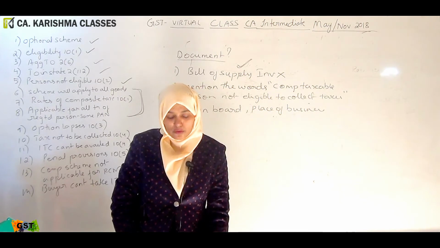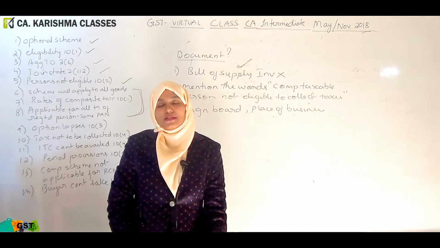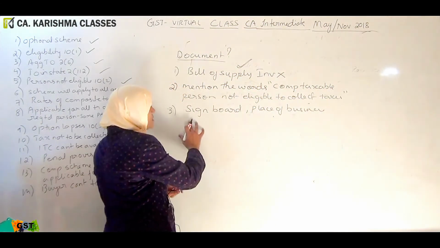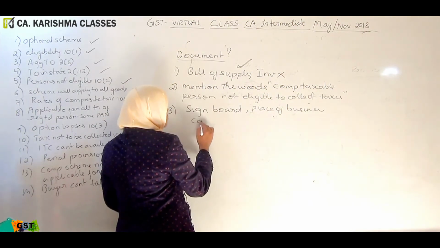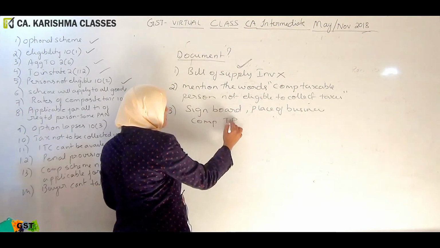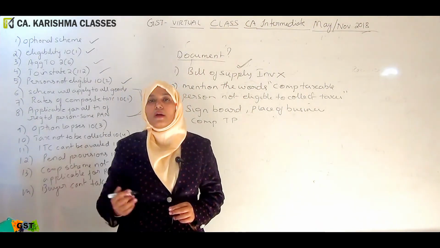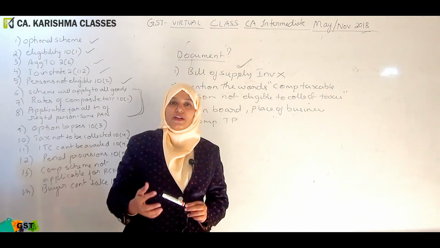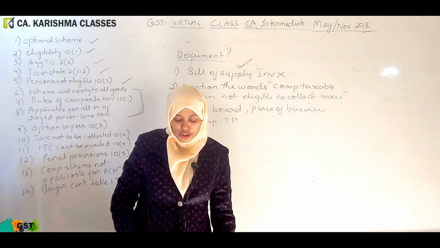Dealer shall mention the words composition taxable person on every signboard at his place of business. Everybody who's coming to do business with you, or the department is coming to check you, they should know that you are a composition person. So you need to mention that.